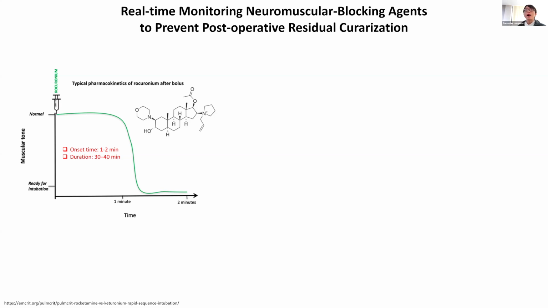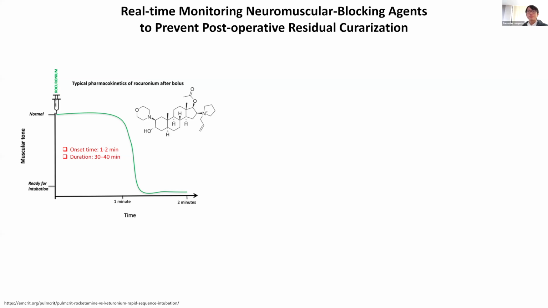Another reason why we are interested in measuring this medicine is that one of the major side effects is the residual blocking effect after operations, meaning the patients still remain unconscious after surgery.